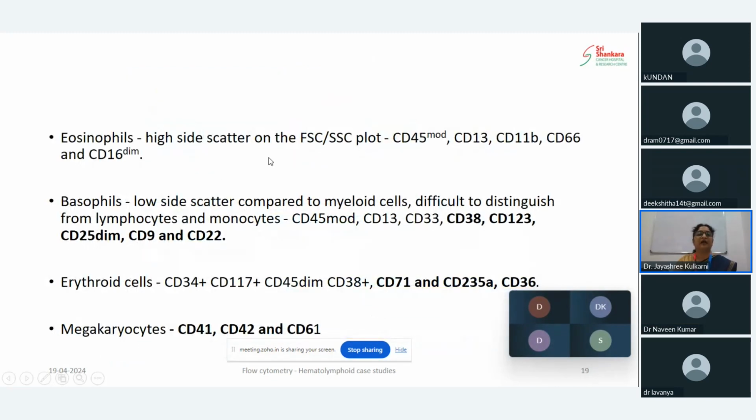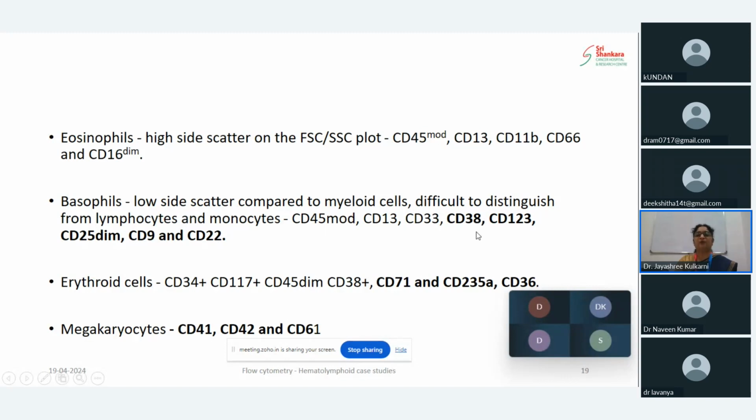Coming to your other granulocytes like eosinophils, you can look at the high side scatter, and CD45 is moderate. That is also positive for 13, 11b, 66, and 16 is a little dim. This is more of morphology. Even basophils, they have a low side scatter compared to the myeloid cells, and they're difficult to distinguish from the lymphocytes and monocytes.